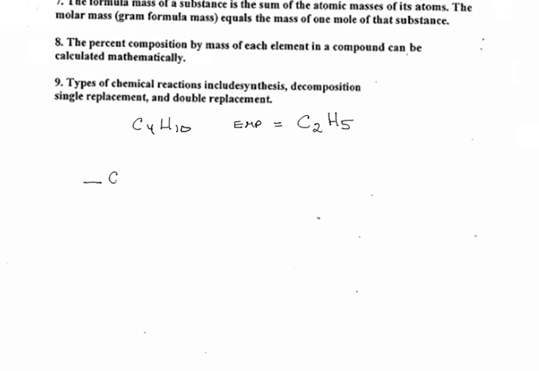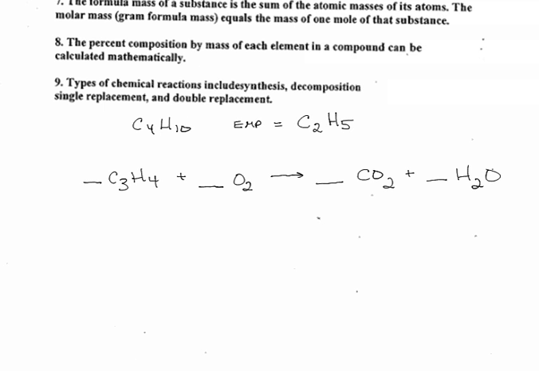If I asked you to balance this equation, we should know C3H4, since we double and subtract 2, would be propyne. If it's a combustion reaction, it reacts with oxygen to form carbon dioxide and water.